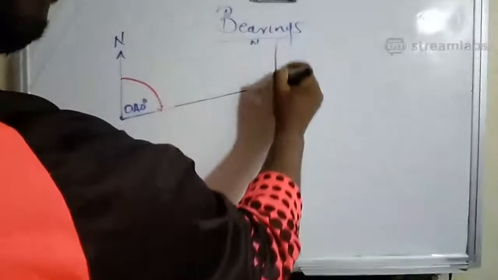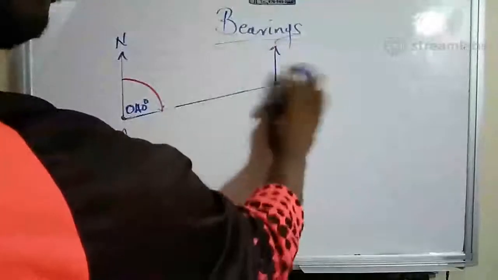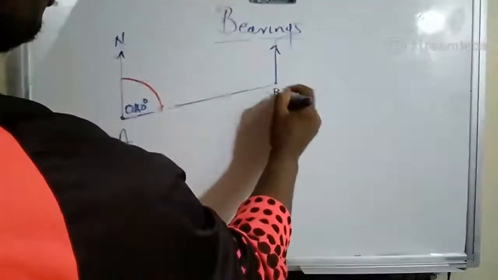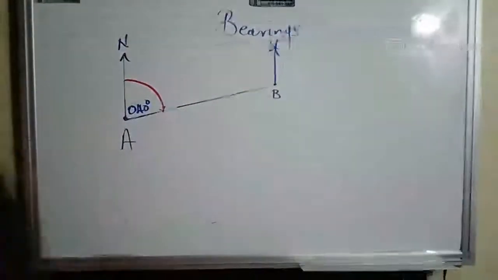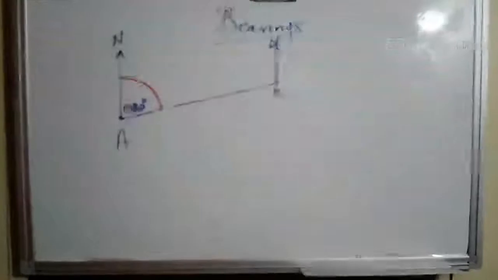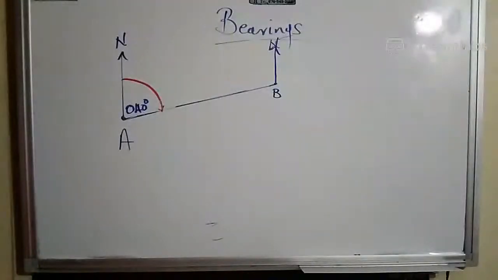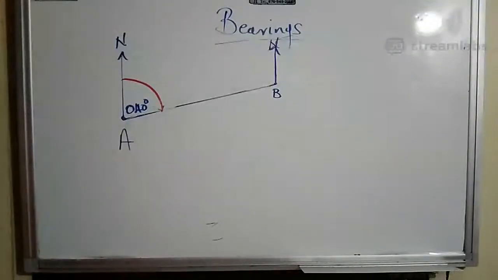Alright, so this is point B. Now, let me just put the B right here. Don't want to get it too far. I said this is the north line, right? Because everything is measured from the north line in a clockwise direction. I'm going to share something with you guys, and it's very easy. Now, this angle right here plus this angle right here is equal to 180 degrees.